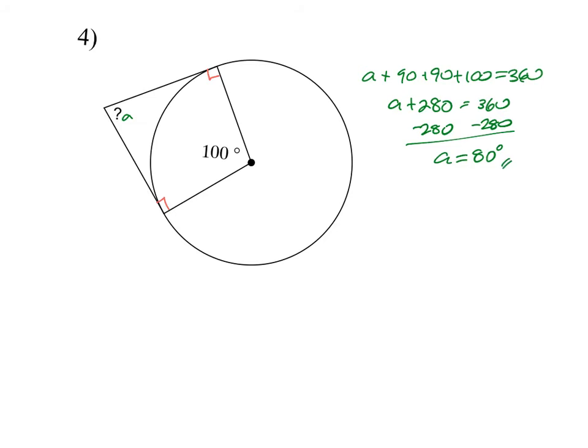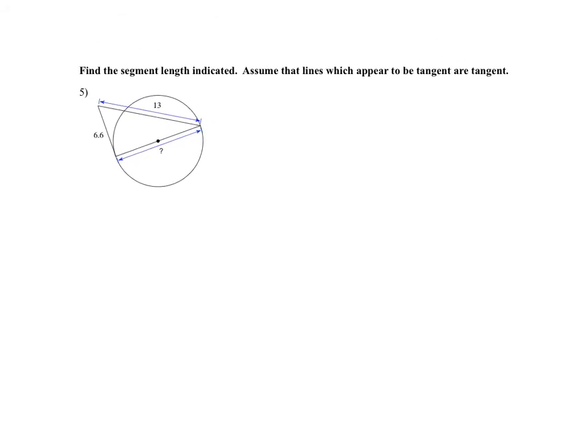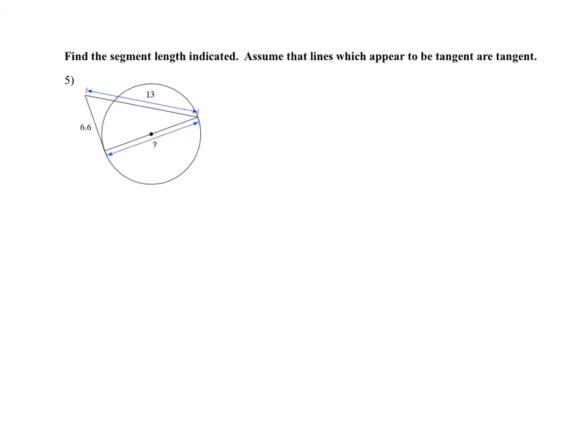Now the next one, I want to find the segment length indicated. Assume that the lines that appear tangent are tangents. Again, this right here is 90 degrees. So as you can see, I have a right triangle, and I want to find that diameter. That means I can use the Pythagorean theorem.